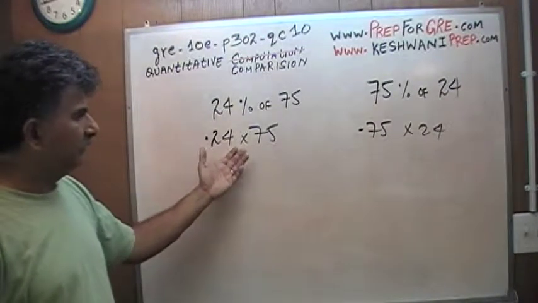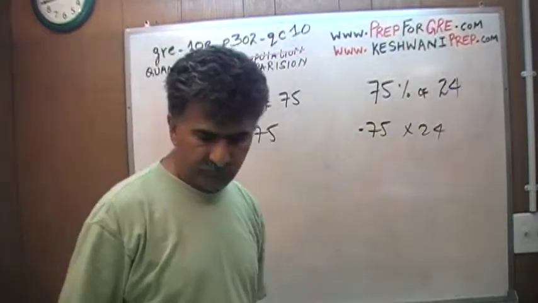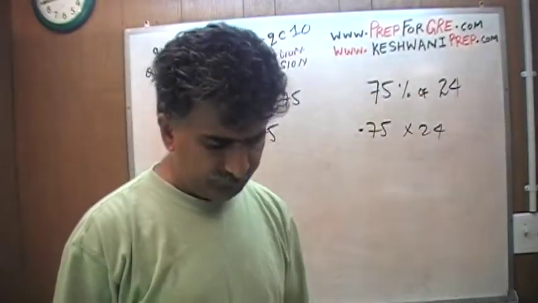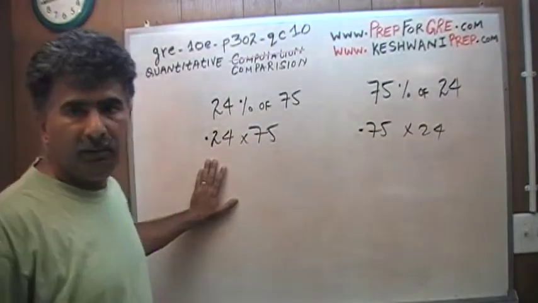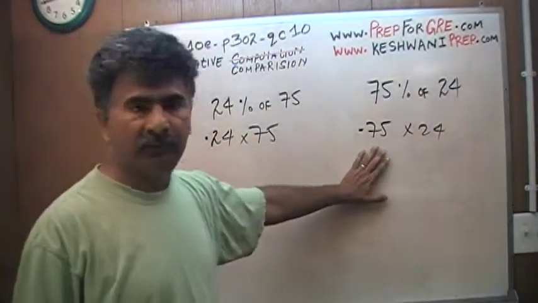Okay, so that's what we have: 0.24 times 75 and 0.75 times 24. I don't know about you, but I find this decimal very annoying. The question is, how do I get rid of these decimal points?